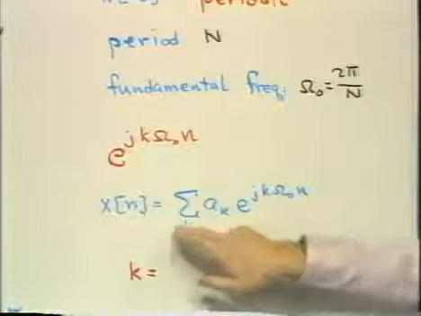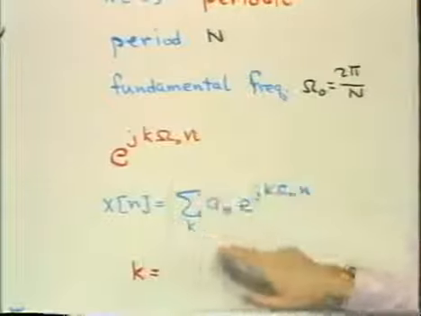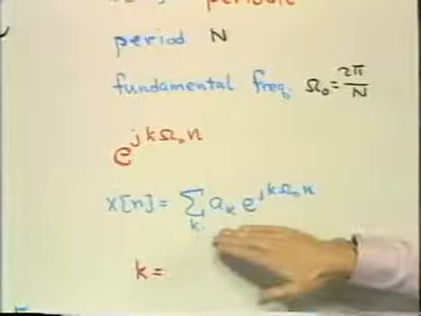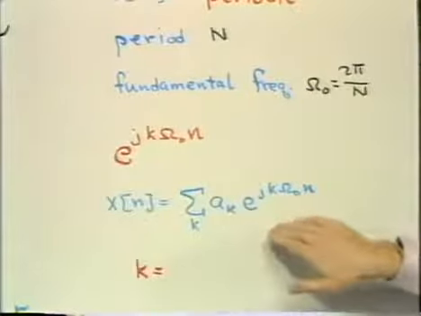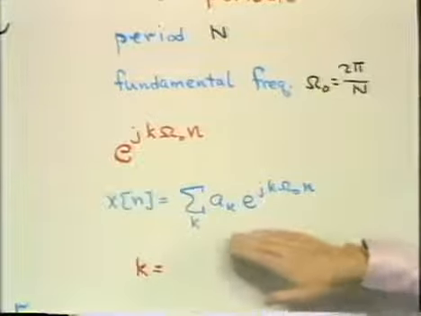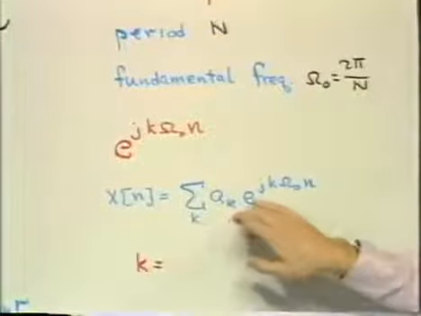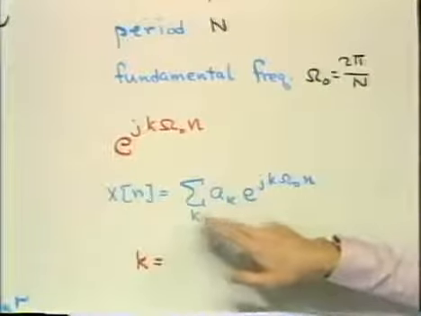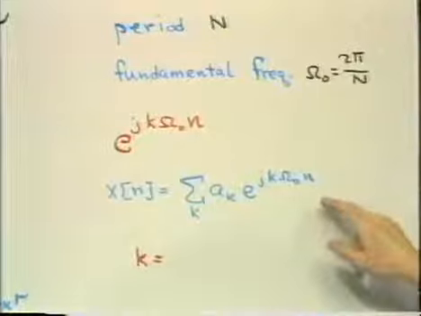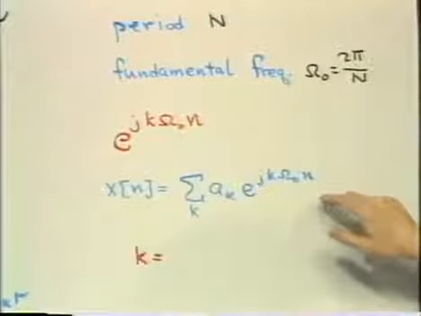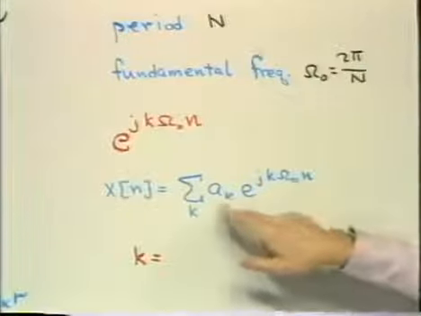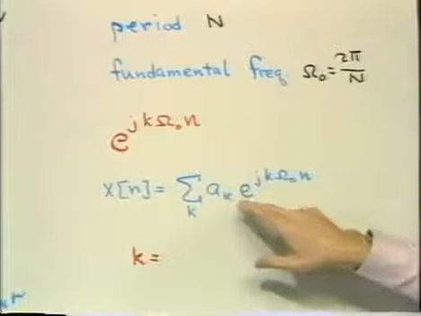And of course, this is a periodic signal, as can be verified more or less in a straightforward way by substitution. One of the things that we'll want to address shortly is how broad a class of signals can be represented by this sum. Another question, obviously, will be, how do we determine the coefficients a sub k?